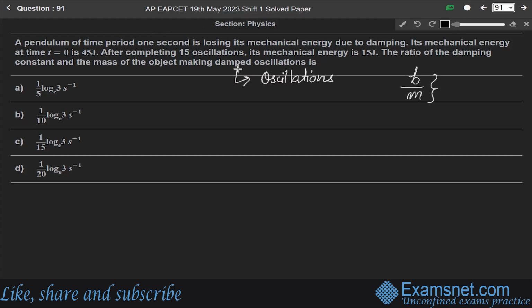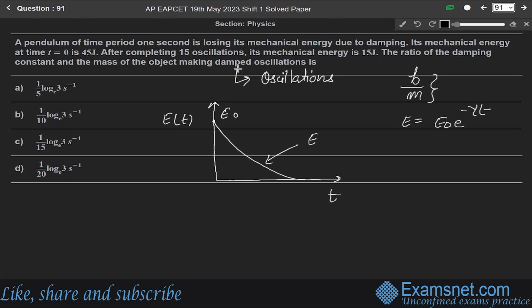Whenever there are damped oscillations, their graph is something like this, where on the x-axis there is time and on the y-axis there is energy. If this represents the energy E naught, then this graph represents the energy of the oscillations, E equals E naught e to the power minus gamma t, where gamma is the ratio of the damping constant to the mass of the object which makes the damped oscillations.